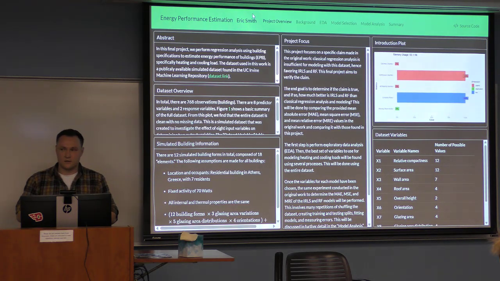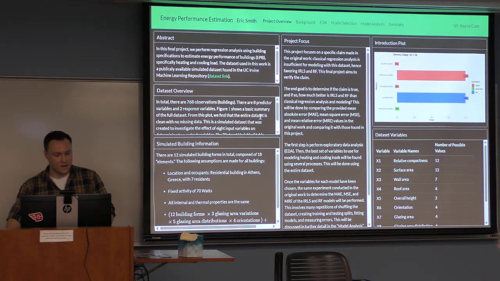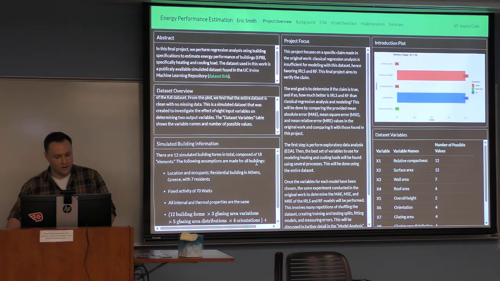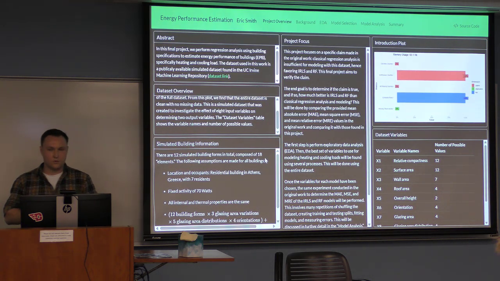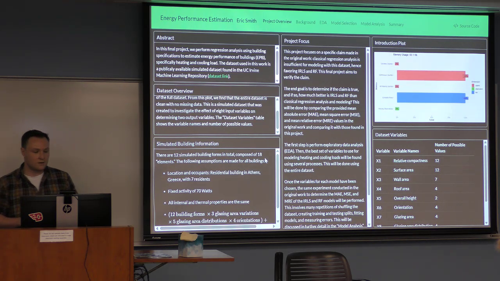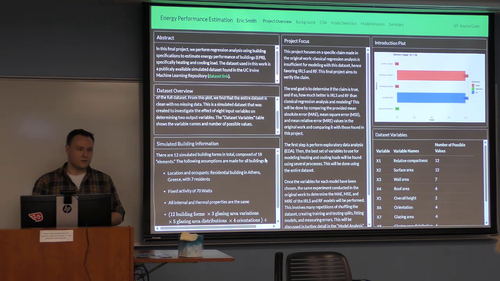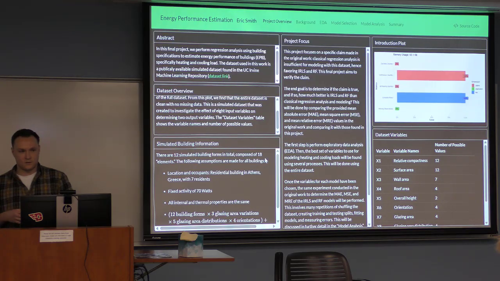In the data set, there's 768 observations. Those are the buildings. There's 2 response variables and 8 predictor variables. And for all of the buildings, there's 12 forms and 18 elements, and there's a lot of constraints around how the data was simulated.